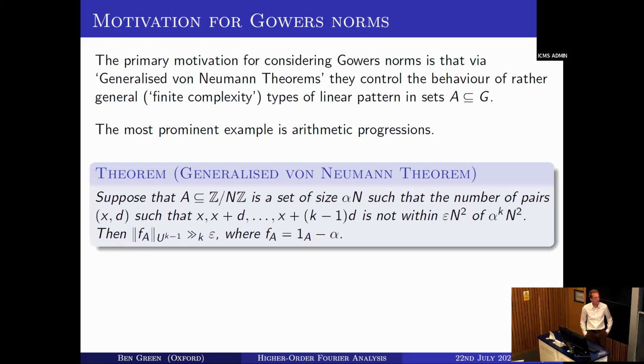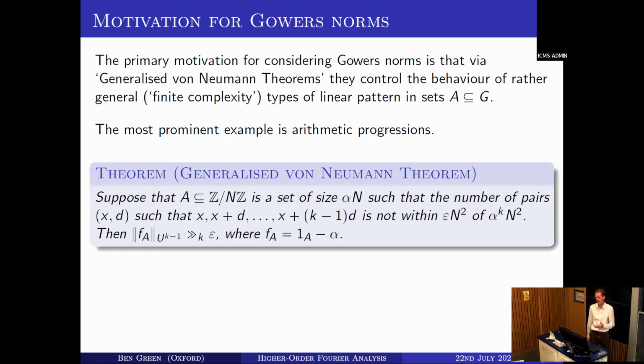So suppose you've got a set A in some finite abelian group G. It's got density alpha. Actually, here I'm thinking specifically about Z mod N. It's got density alpha. How many k-term progressions does it have? Well, a random set has about alpha to the k N squared progressions.